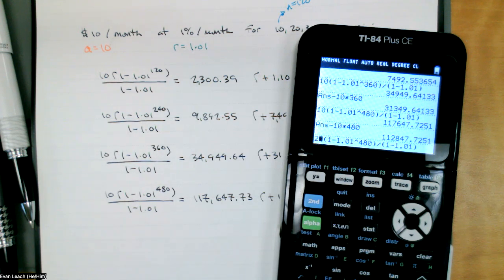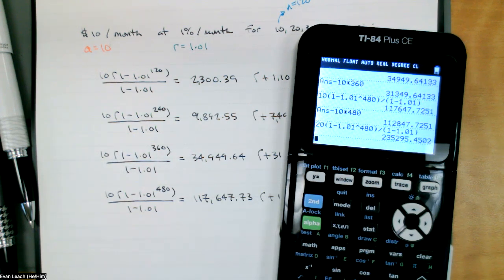It doubles what we're putting in, but it just doubles the total because that A is a multiplier that we can factor out of the entire polynomial. The growth is happening in the rational function part, 1 minus r to the n over 1 minus r. That's where the growth is happening. It's just going to be multiplied by whatever we're putting in every month. But that 235 is double the 117.